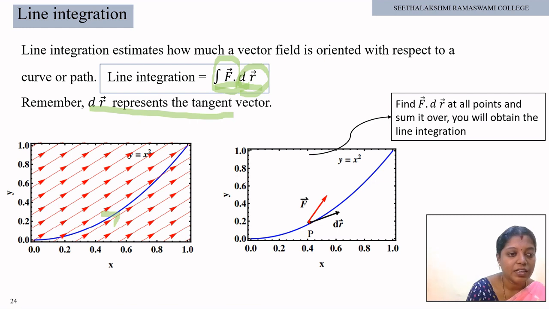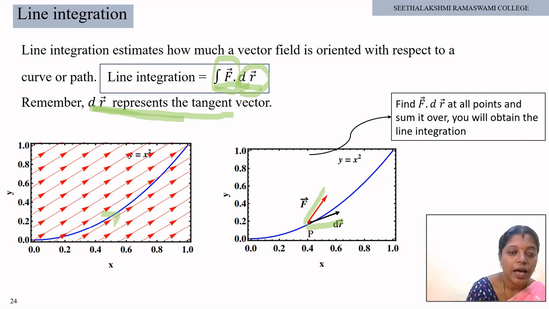To represent the direction of the curve, I take the tangent vector and make a dot product with the F vector. For example, at point P, I find the orientation of the F vector with respect to the dr vector, so at this point it measures how much the vector field is oriented with respect to the curve.